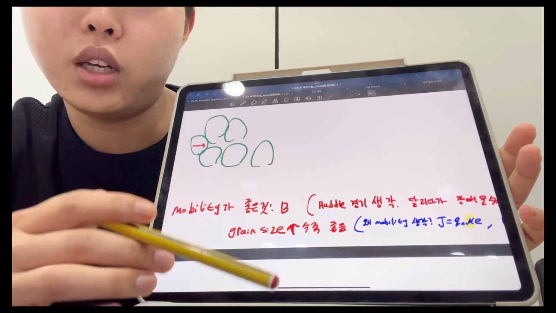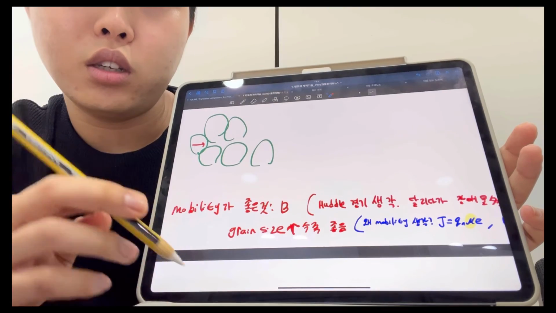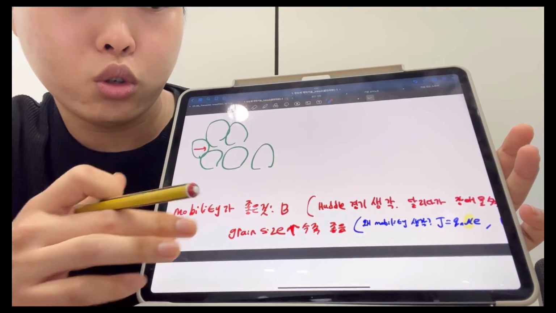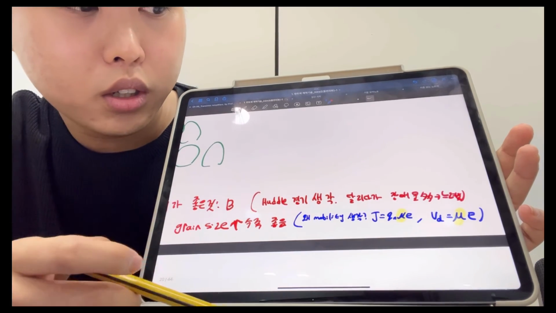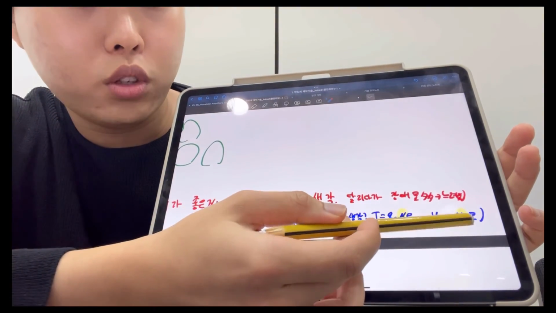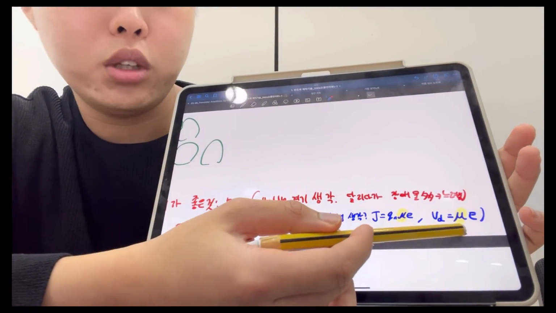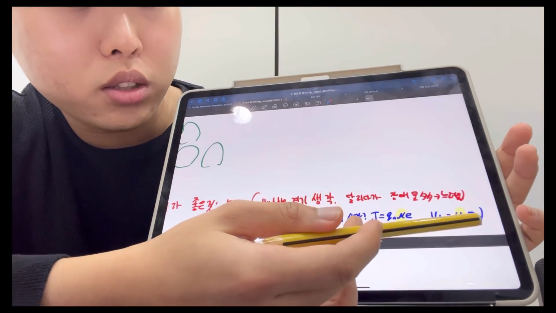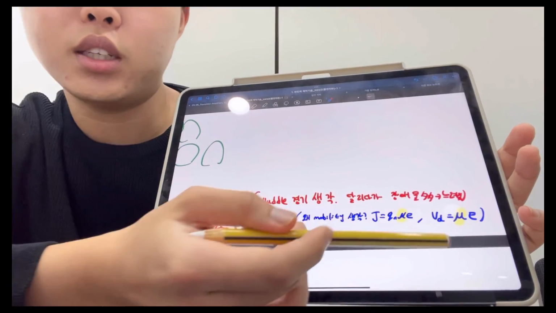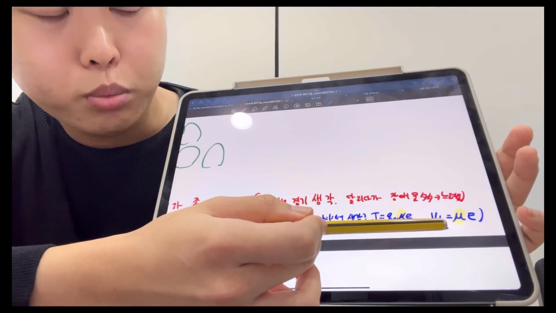If the mobility gets better, the electron density will be higher. And the velocity equals mu E, so if the mobility gets higher, the velocity will be higher.